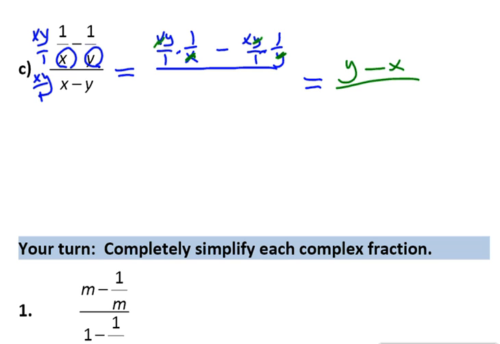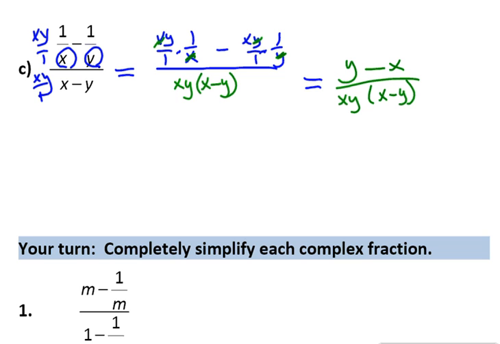In the denominator, you could distribute it, but because you're going to want to factor in the long run, you might just leave it in a factored form, xy times x minus y, and just leave it written like that because it's factored. You could distribute it and then undistribute it, but you come back to the same thing. So over here, I'm going to have xy times x minus y.